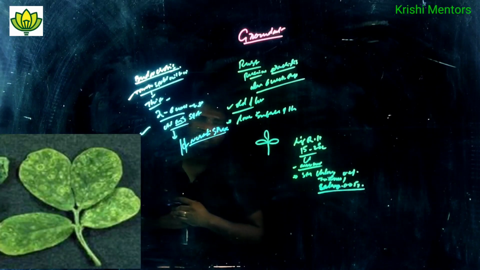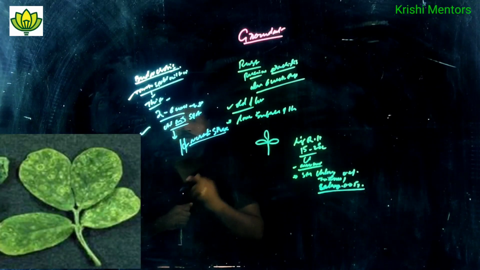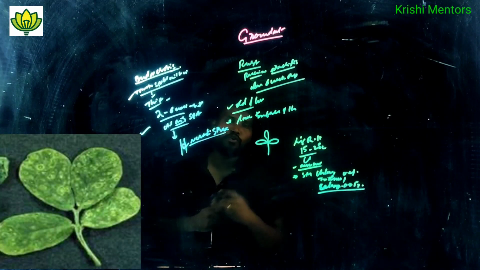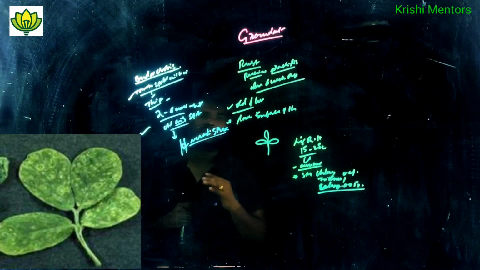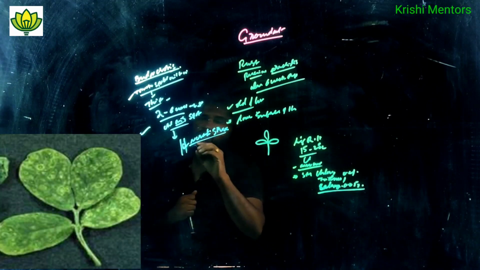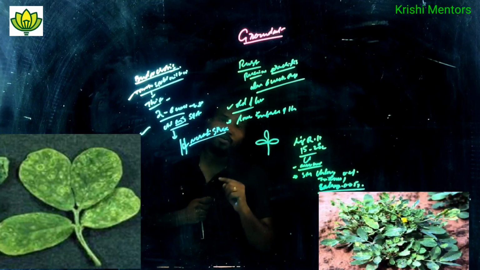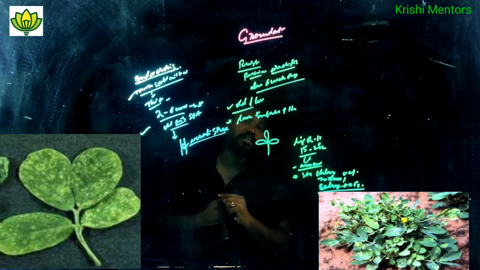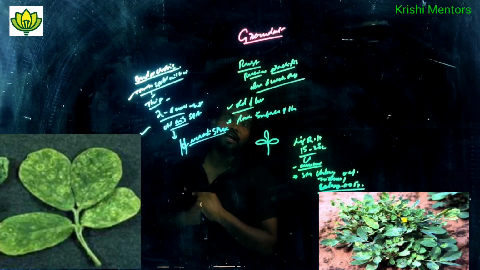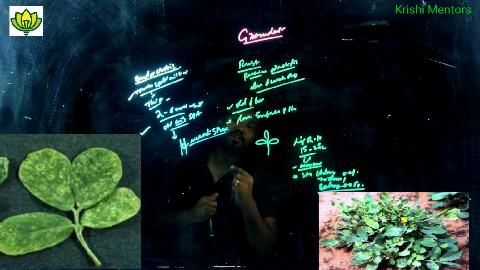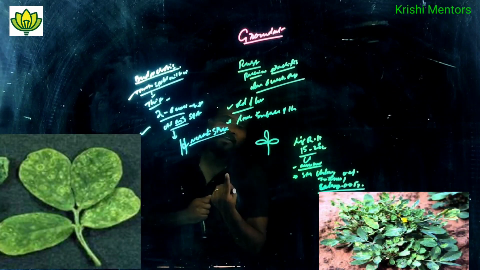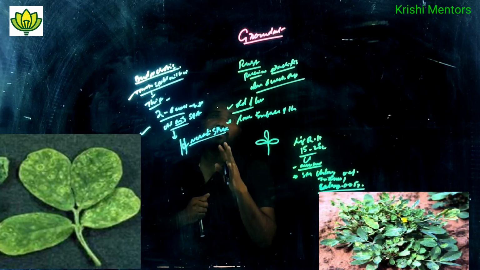Remember, after the disease appears, the new leaves or new shoots that come are small in size. Discolored leaves are coming, first one. Second one, the internodal distance is reduced. The plant will have a bushy appearance, and the leaves are very small or irregular in shape. Leaves are twisted.